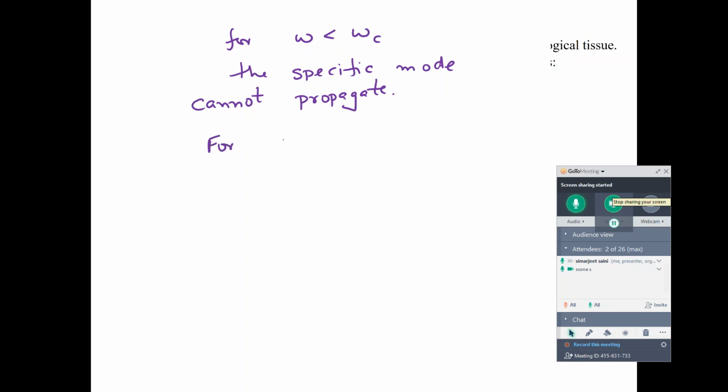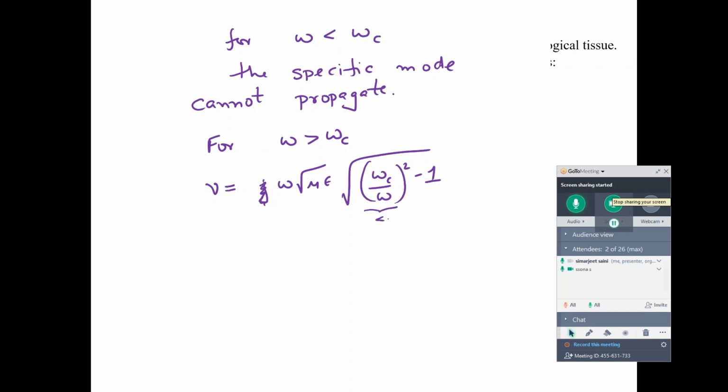When ω is greater than ωc, my gamma just becomes ω square root of με, (ωc/ω)² minus 1. And since ω is greater than ωc, this term is less than 1. So this is a negative value.